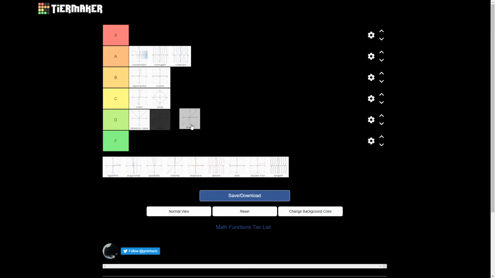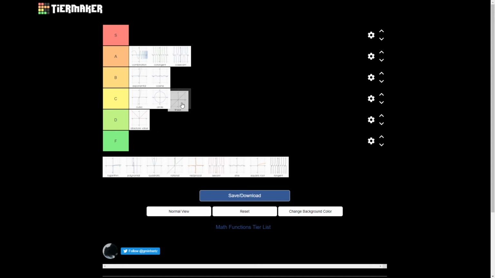Linear, just about as basic as it gets, but it's simple, simplistic. Right here we got y equals x. It's nothing to brag about, but it's quality. It's got all the factors that make a good graph, and it's like the first one you learn.